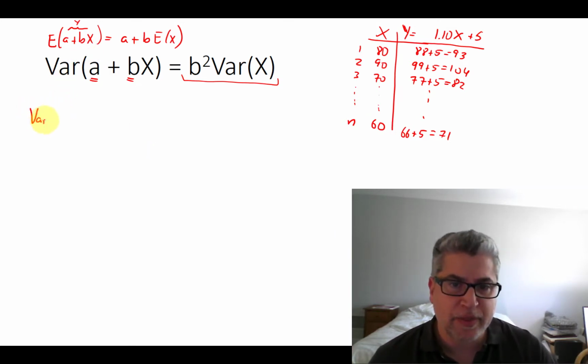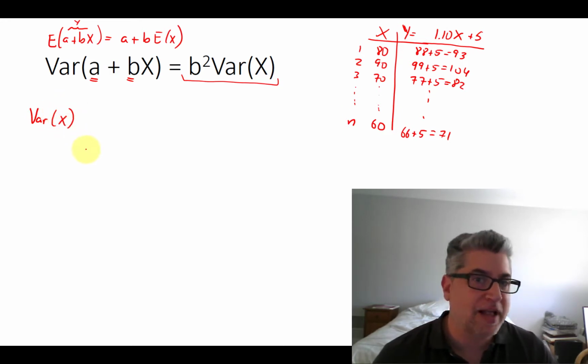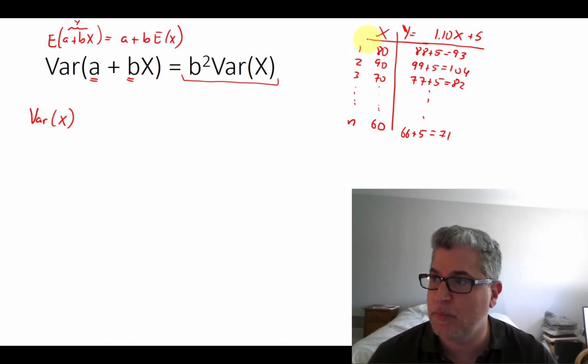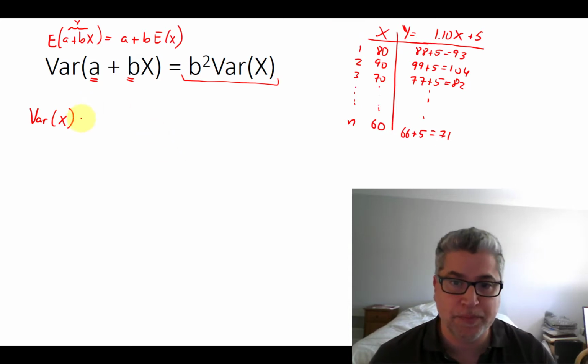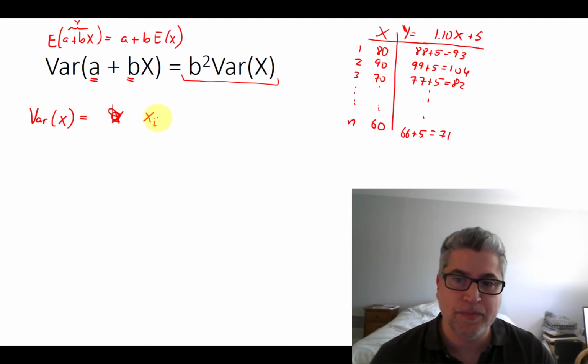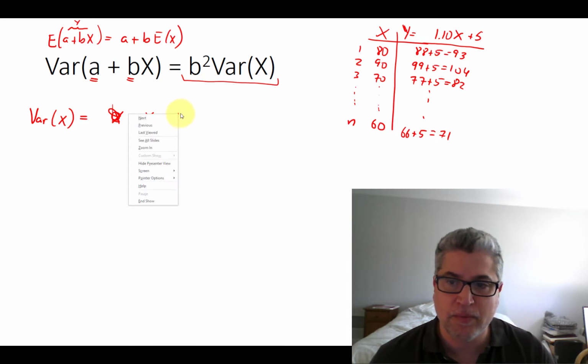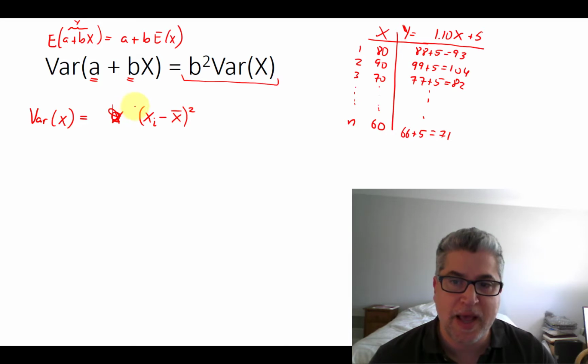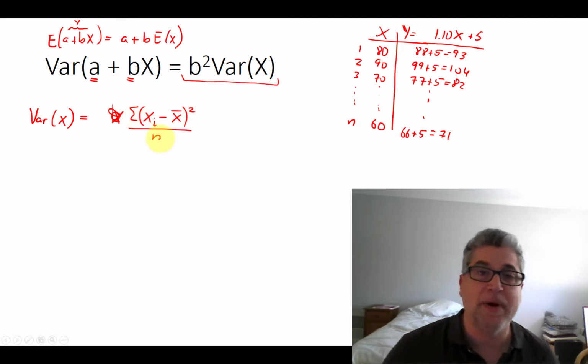Let's start out with the formula for calculating a simple variance of some untransformed random variable. We know that you're going to take each observation, calculate its difference from the mean, calculate the squared differences, and then add all those up and divide by n, or n minus 1.